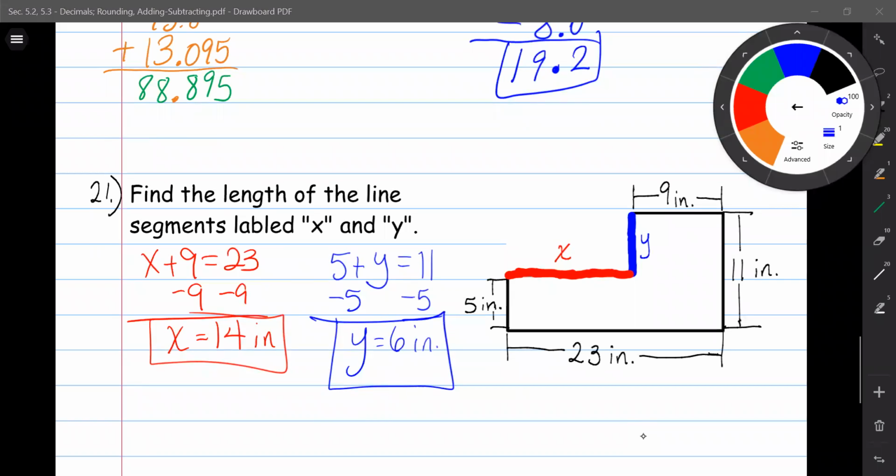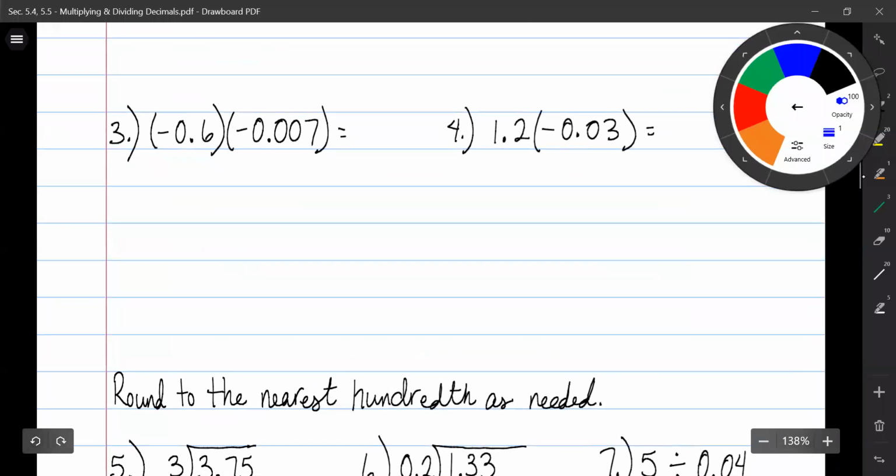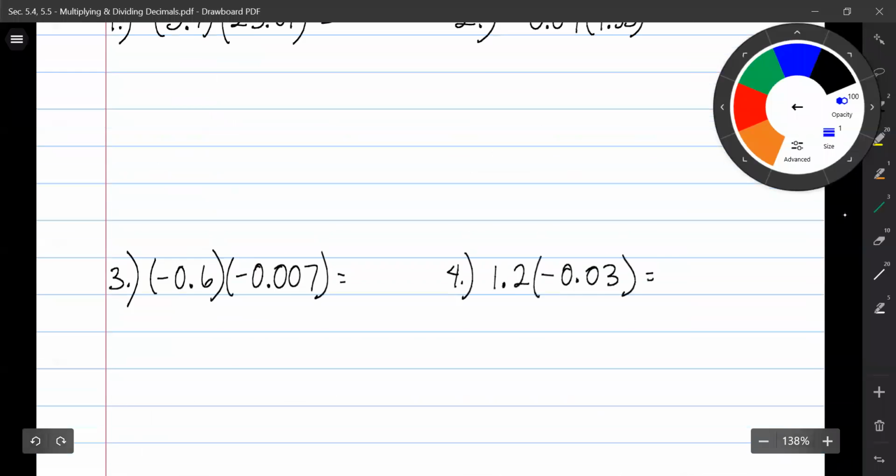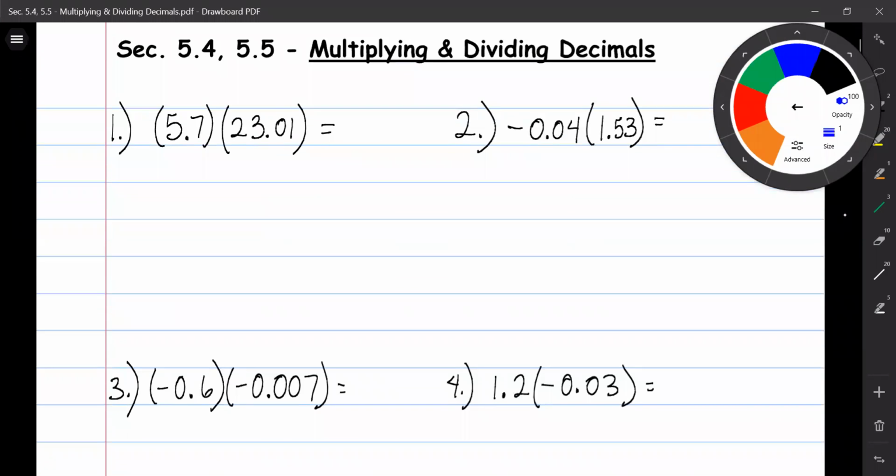All right. So then we're going to move on to multiplying and dividing of decimals. Okay.